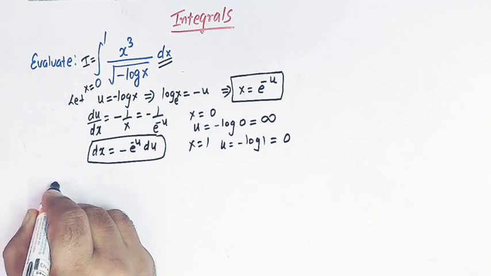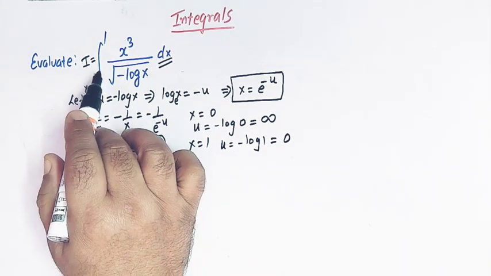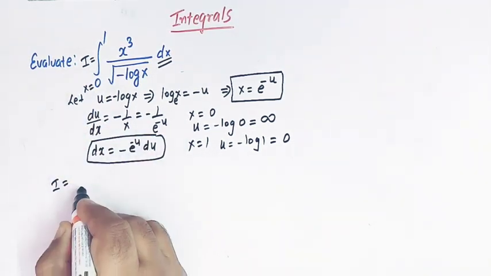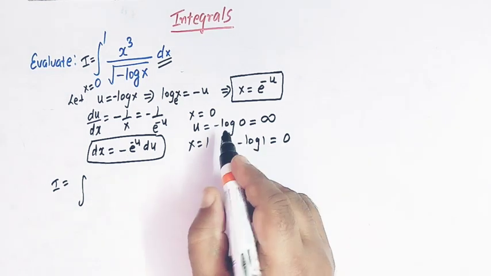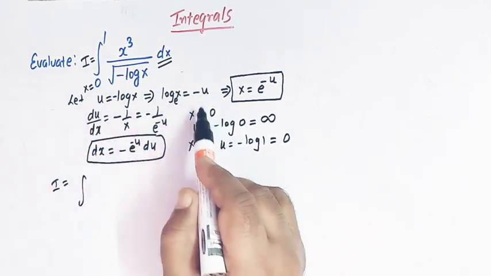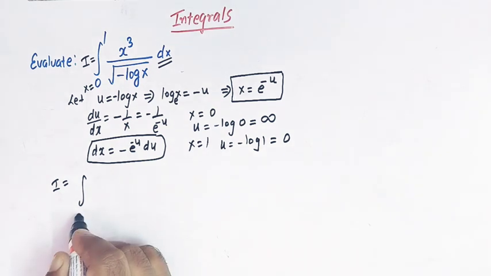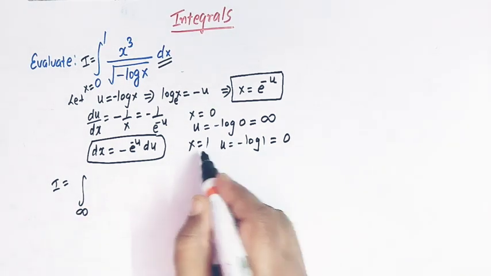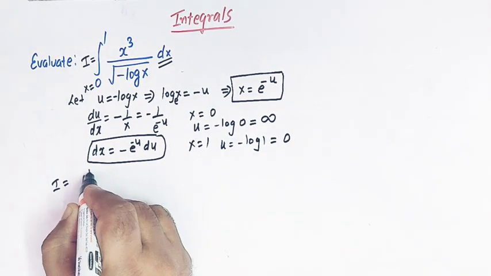So now we can write this integral I in terms of u. When x is 0, u is infinite, and when x is 1, u is equal to 0.